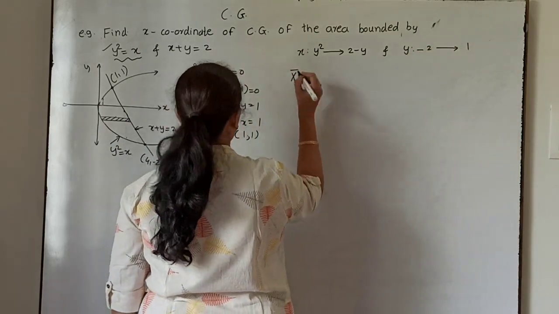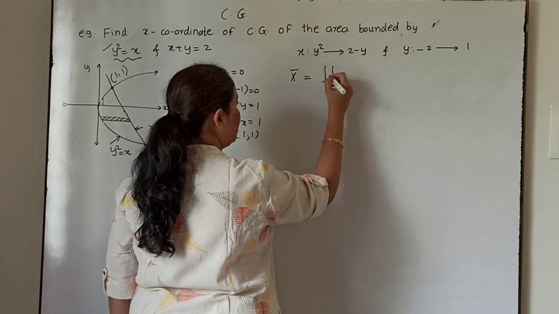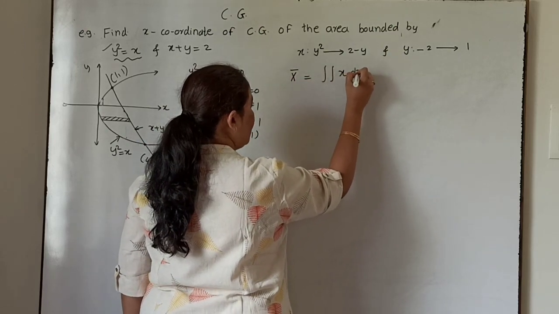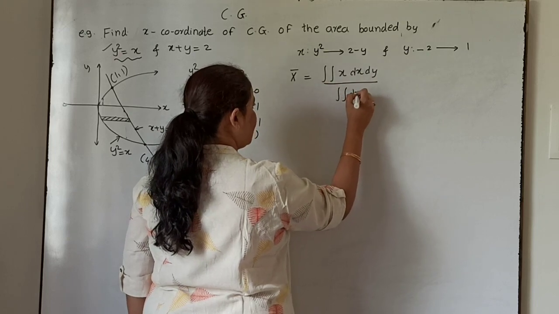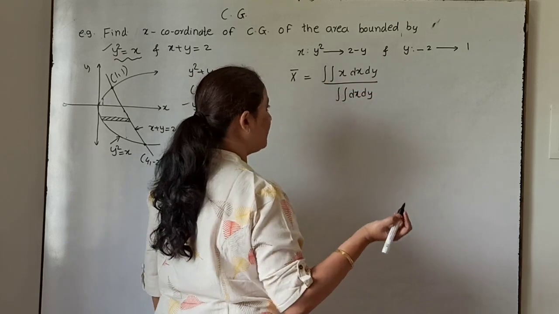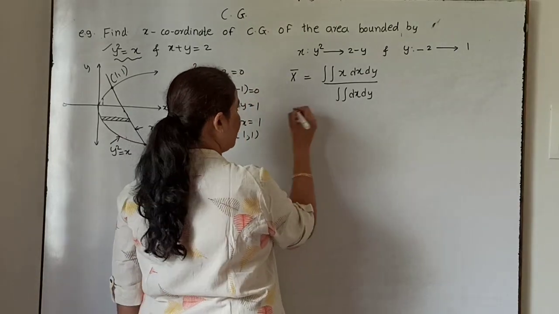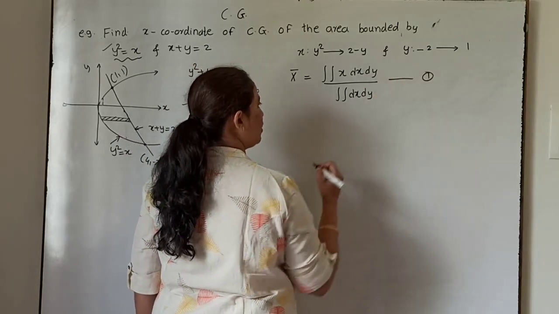We know that x bar is given by double integral of x dx dy upon double integral of dx dy. Now in this case they have not given us the density, so we are not considering the density. So this is equation number 1.